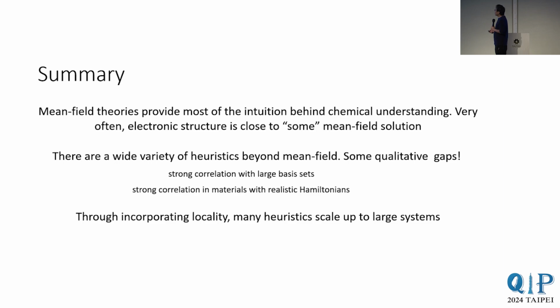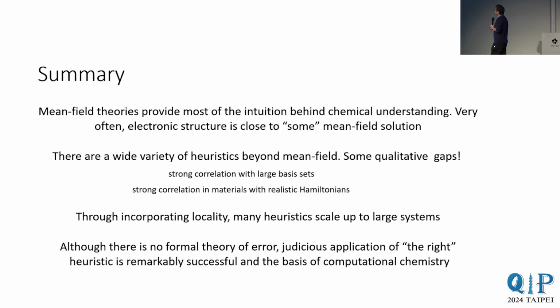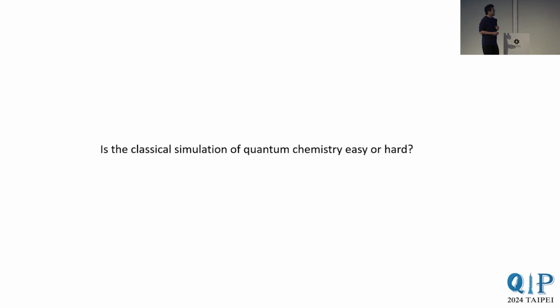And then through incorporating locality, you can scale many of these heuristics up to large systems. And the last story was meant to show that although there isn't really a theory of error, you're just applying these things, hoping that you're getting a reasonable answer. Sometimes you have no estimate of error. This may sound like a complete disaster, but in practice, it is remarkably successful, and it's the basis of the discipline of computational chemistry. Okay, so I now want to move on to the last two topics in the lecture.